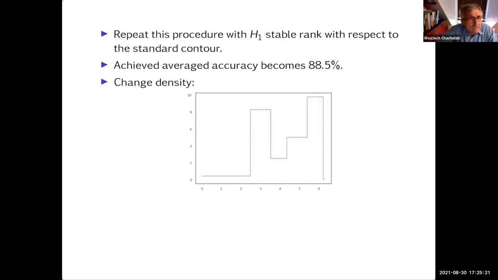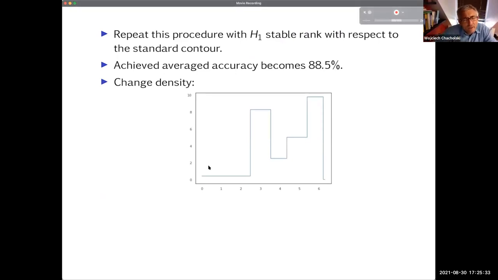But let's change the density. Imagine that this machine evolves and tries to get better at detecting these shapes. So it says, I would like to measure the distance between these, choosing that density.